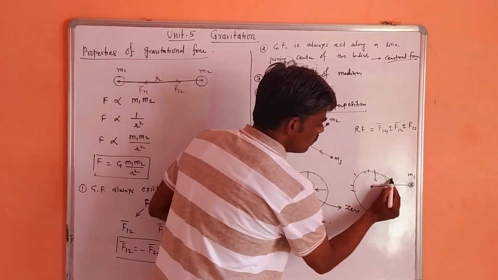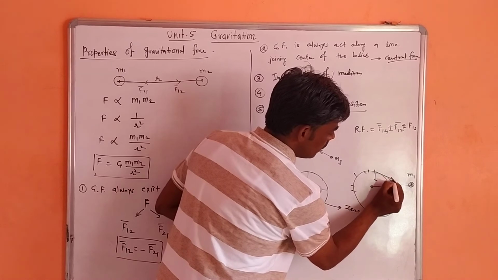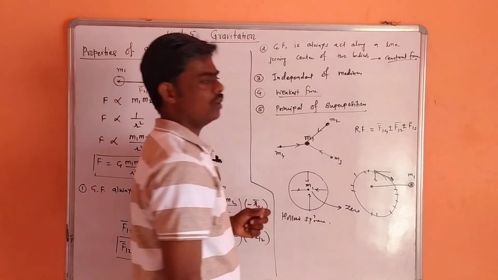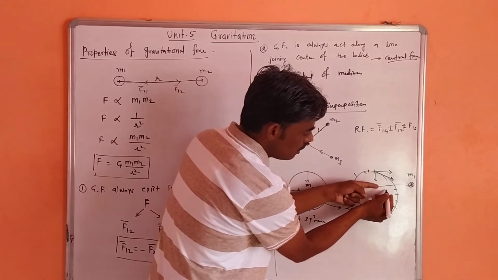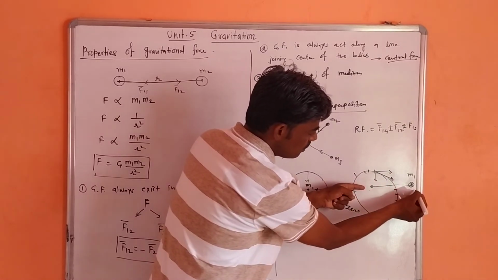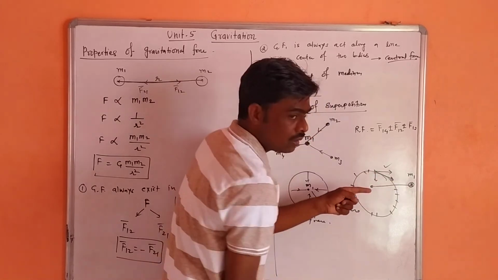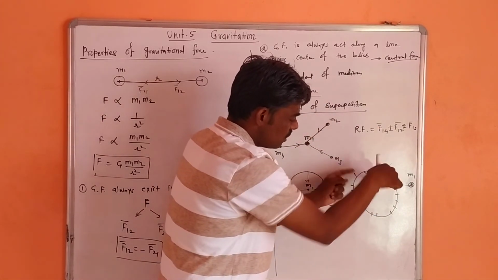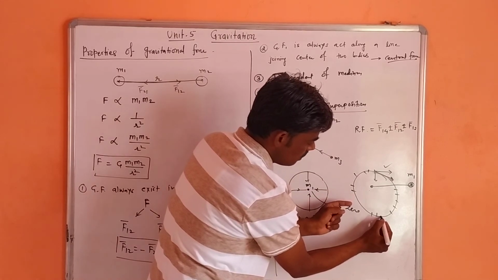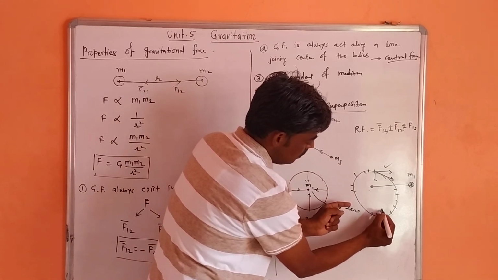In this way, in the diagram I can draw like this. One component is along the line joining the center of the hollow sphere and this point mass, and the other component is perpendicular. That perpendicular may be in this direction, or if we consider this mass, it is in the upward direction.